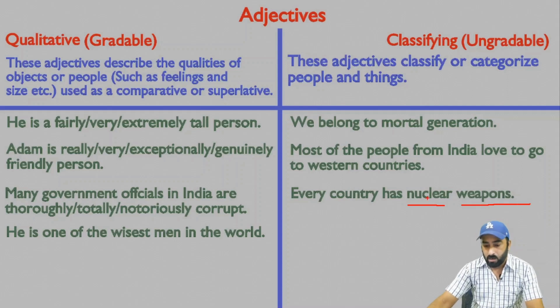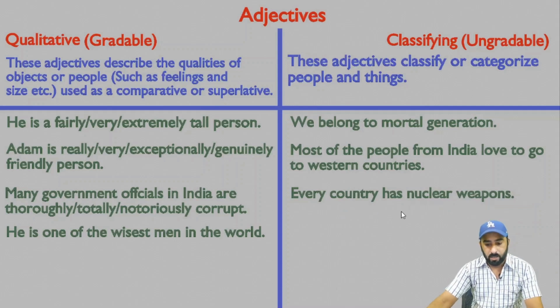We have put the weapons in a particular class, and that class is nuclear. There are many kinds of weapons, such as hydrogen bombs, nuclear weapons, and many other kinds. But nuclear weapon is one particular class. So we cannot say every country has very nuclear, extremely nuclear. We also cannot say nuclearer. We cannot use any comparative or superlative form. It would be absolutely stupid and strange to a third person.